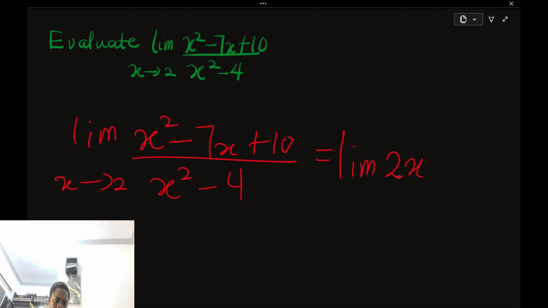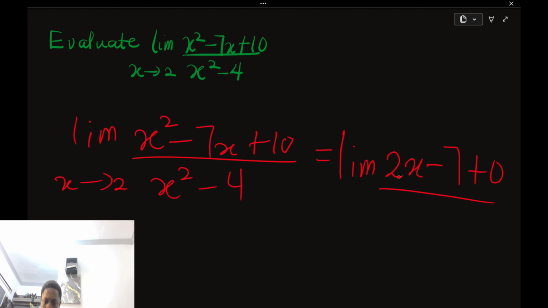Then you reduce the power by 1. So 2 minus 1 will give us 1. So there's no need for you to write x exponent 1. So we just write the x. So it becomes 2x. Then the same thing applies to negative 7x. When you differentiate negative 7x, we are going to get negative 7. Now, when you differentiate any constant, that will give us 0, so plus 0.